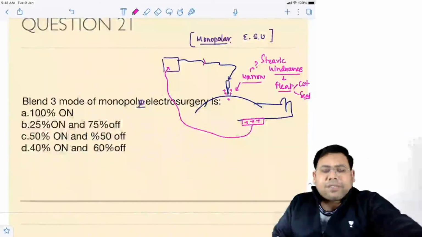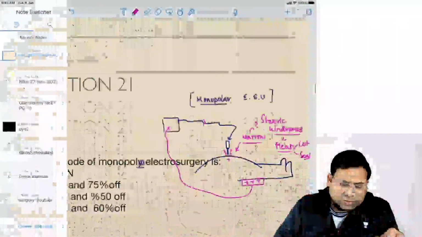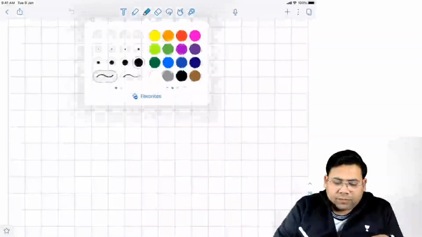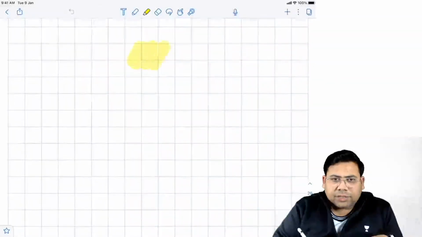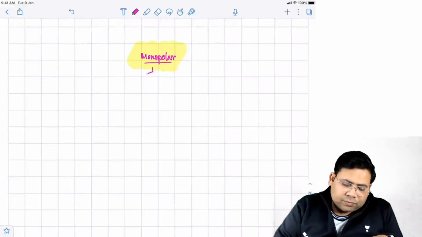Let us try to understand this. Bache, when we talk about the monopolar electrosurgical unit, there are two modes here. What are the two modes? Monopolar has two modes.